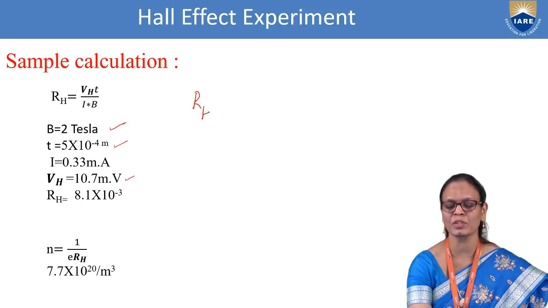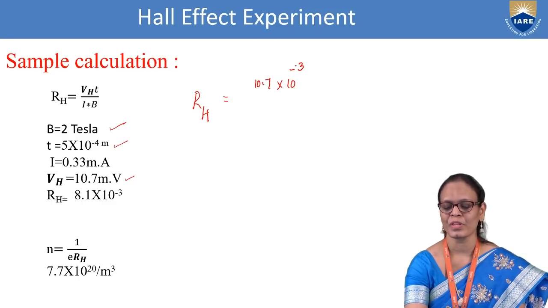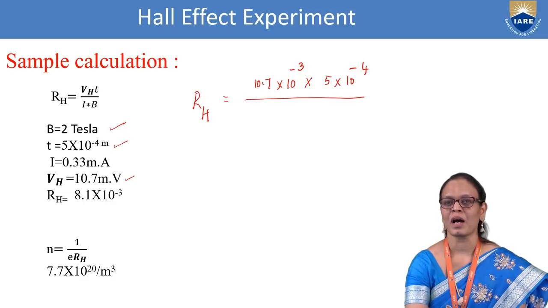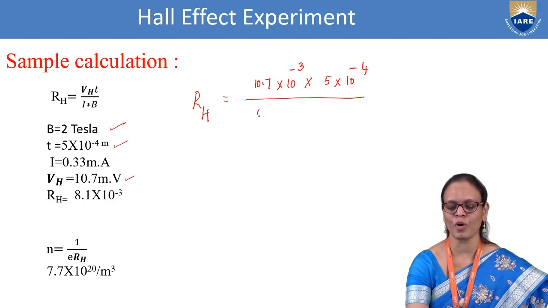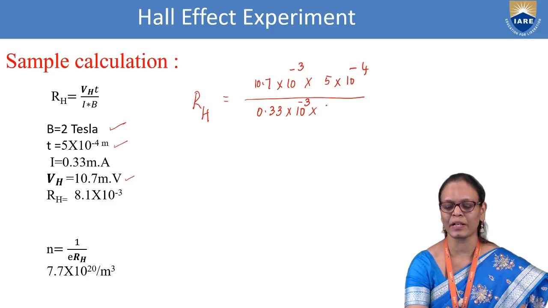Just substitute the values of VH, 10.7, which is in millivolts, so I have to write it in volts, 10 power minus 3, into T, the thickness, 5 into 10 power minus 4, upon I. The current here is 0.33 milliampere, and we convert it into ampere, 10 power minus 3 ampere, into B, 2 Tesla.